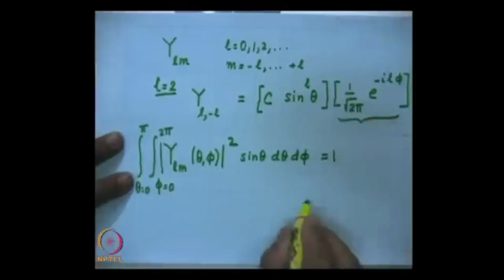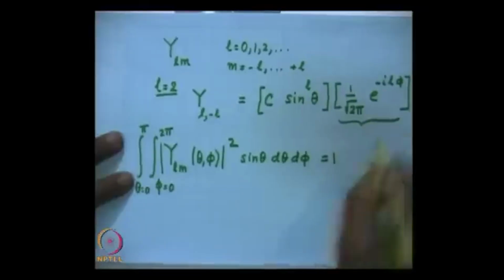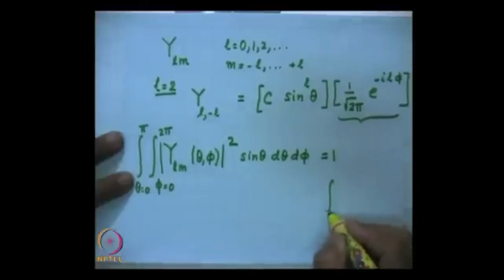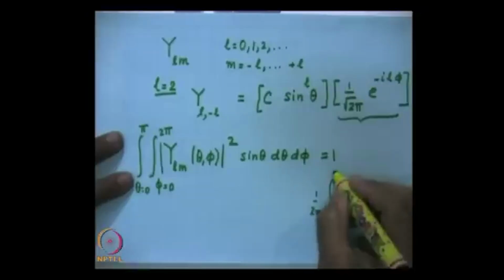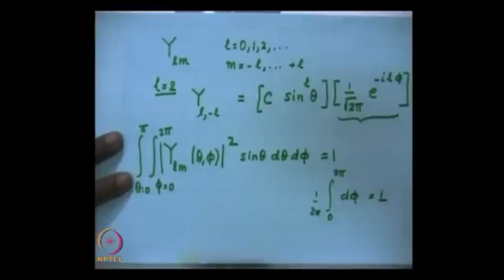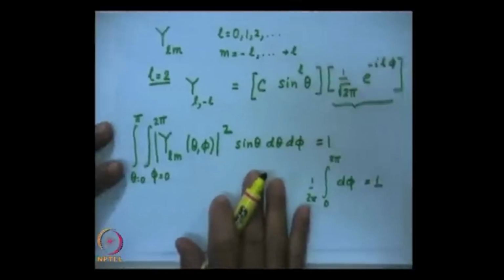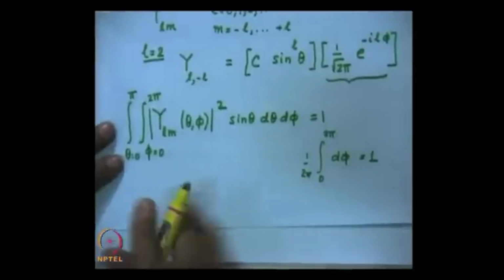Now, if we take the phi part, then the modulus square of that is 1 over 2 pi, and the modulus of the exponential is 1. So, 1 over 2 pi times the integral from 0 to 2 pi of d phi is equal to 1. So, we are left only with the theta part.